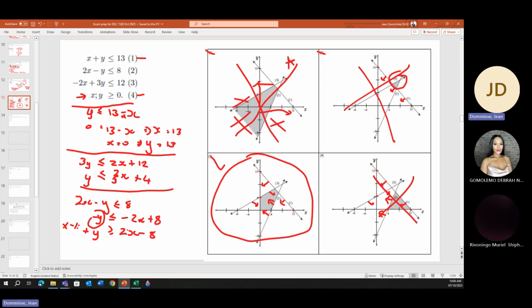Okay, so with linear equations, they give you 3 or 4 linear equations, and you will need to look at the different graphs to say which one is going to be the designated area.